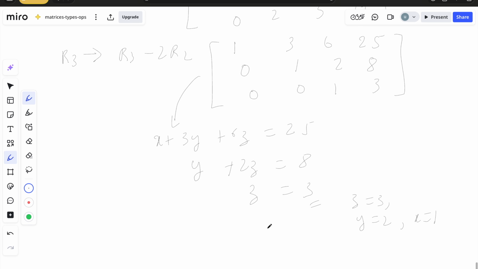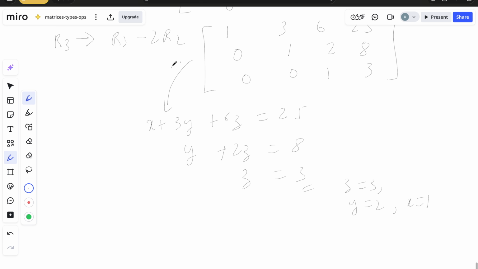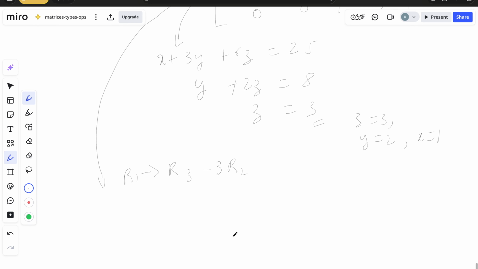But we will go forward and reduce this complete augmented matrix to row reduced echelon form. So let's go ahead with that. We will continue on our quest. R1 minus 3 R3, and R2 minus 3 R3... which reduces this to 1 0 0 1, 0 1 2 8, and 0 0 1 3.